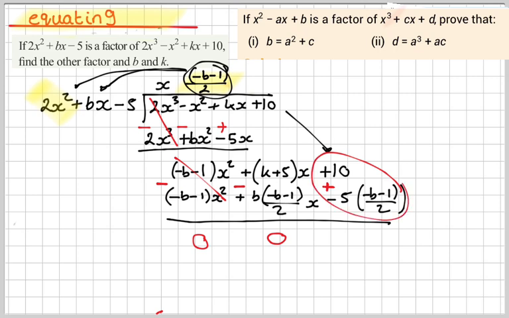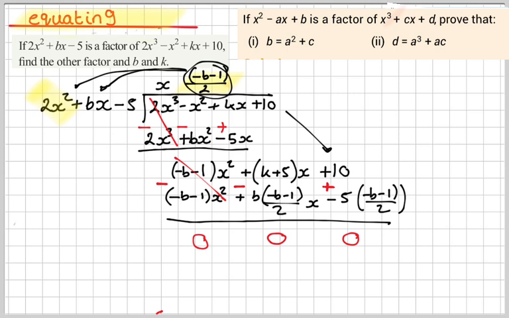And then this here has to do the same thing. If it is a factor, this has to cancel down to 0 at the very end, because we are at the end of the sum. So we end up with this. Now, this is where the equating comes into it. These two things must equate to make a 0 of sorts. So I will write them out and let them do it.